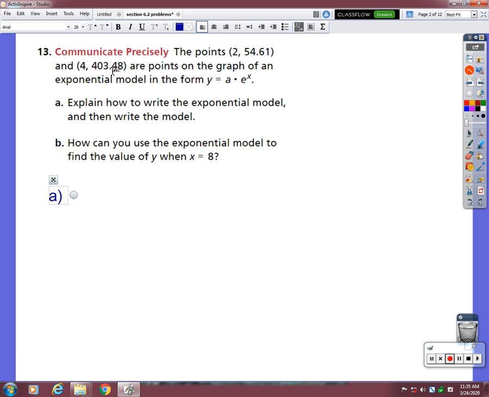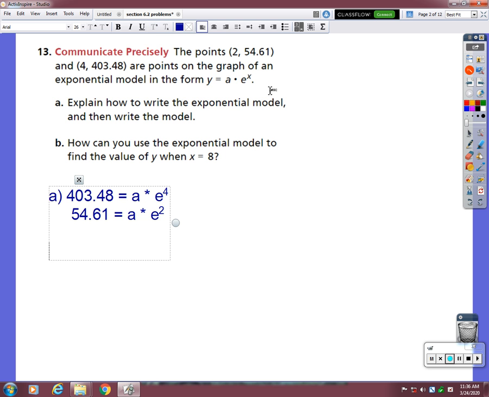The first point that I'm going to plug in is this one right here. 403.48 goes in for the y. A, I don't know. E, I do know, is e. And then my exponent is 4. Then right below that, I'm going to plug in this other point, 54.61 for y equals a times e to the x, so x in this case is 2.